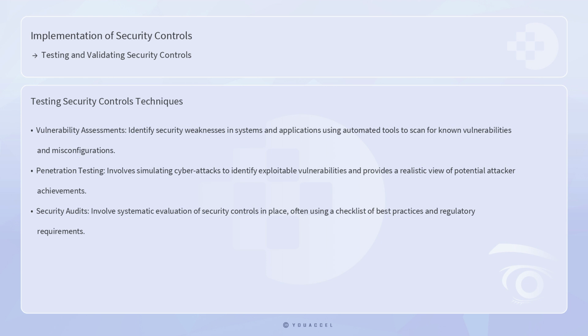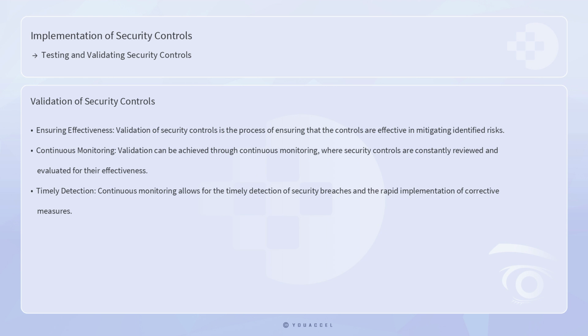Security audits involve a systematic evaluation of the security controls in place, often using a checklist of best practices and regulatory requirements. Validation of security controls is the process of ensuring that the controls are effective in mitigating identified risks. This involves not only testing the controls, but also reviewing the policies and procedures governing their implementation.